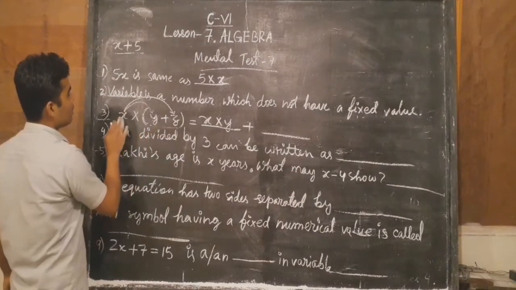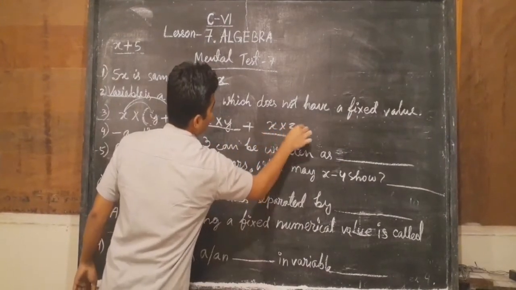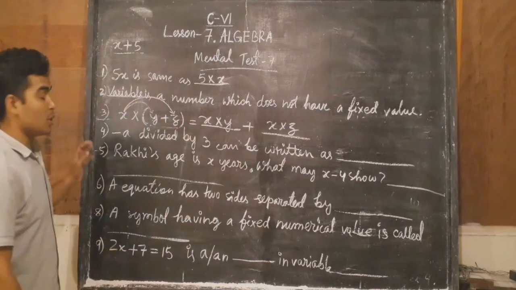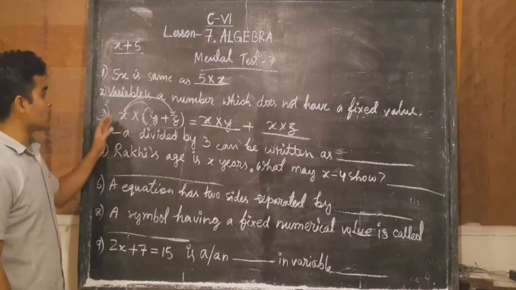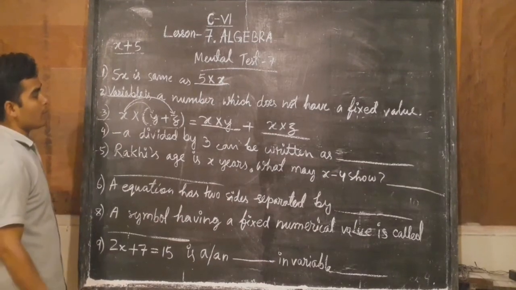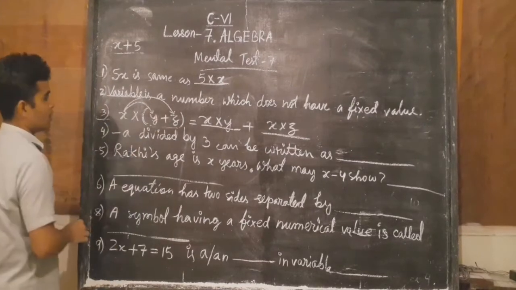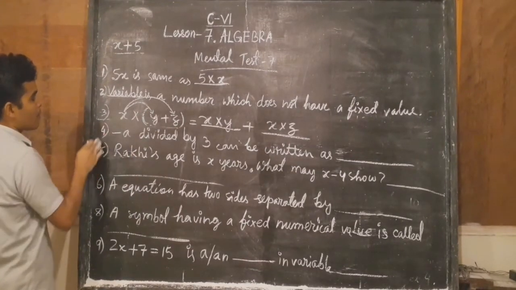This variable is what? Z. X into z is x into z. So this is like numerals only. So variables follow all the fundamental operations of numerals. So now let us move to the next question.